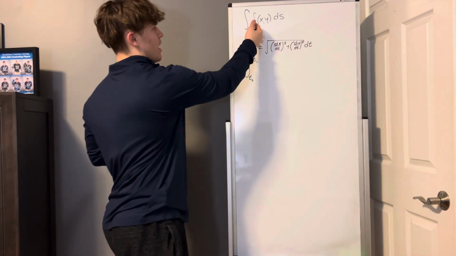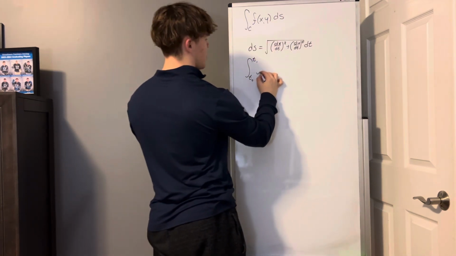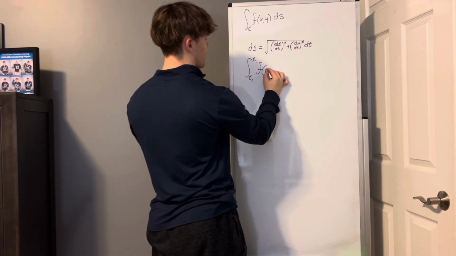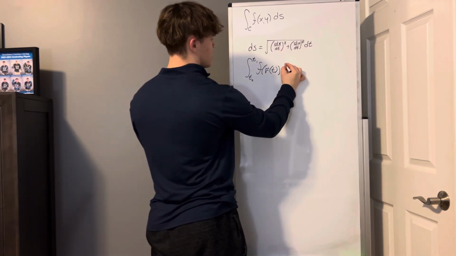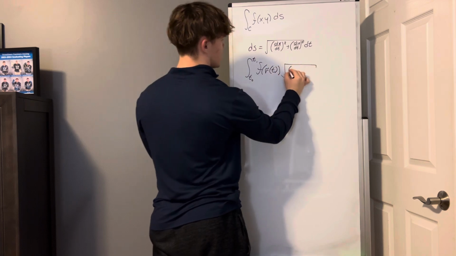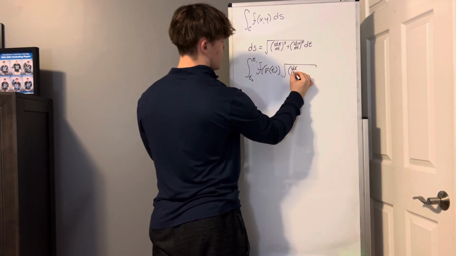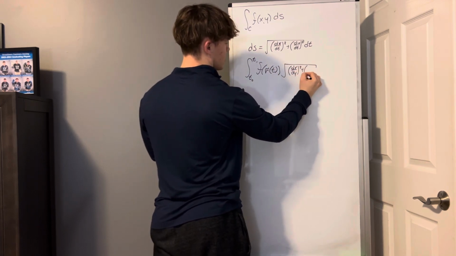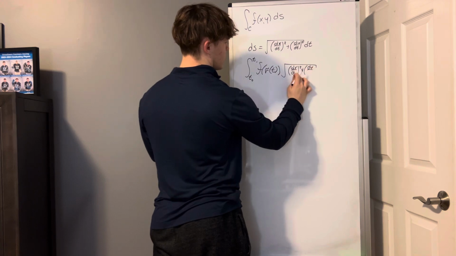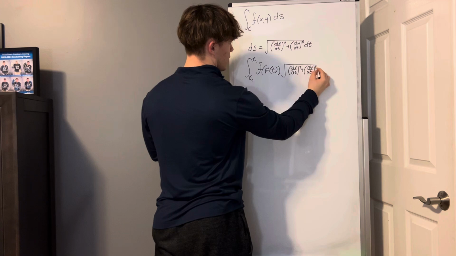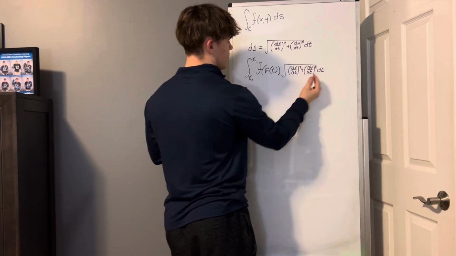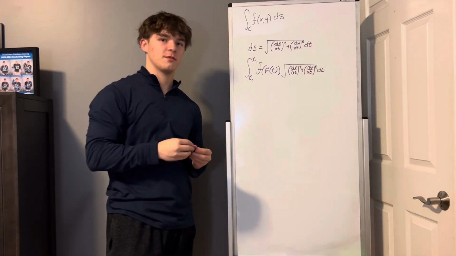And we can now represent our function of x, y as our function of the parametrization t, times our new ds term, the square root of (dx/dt) squared plus (dy/dt) squared, dt. And now everything is in terms of t.